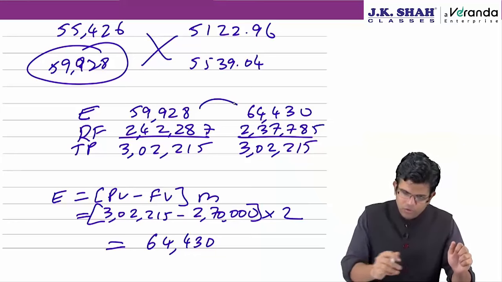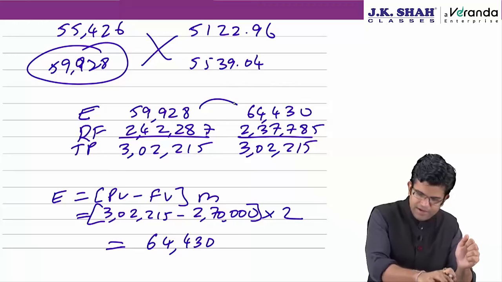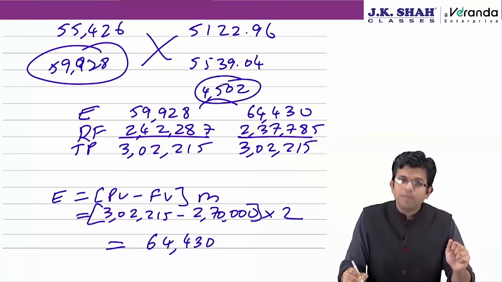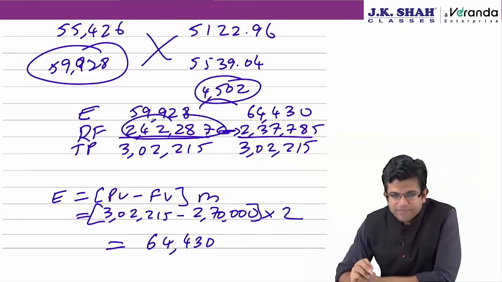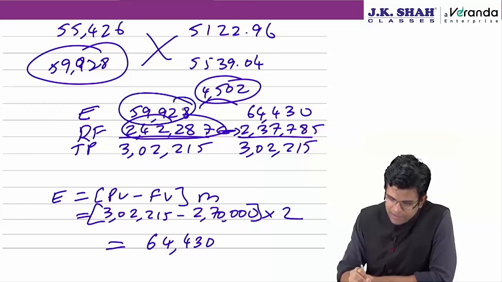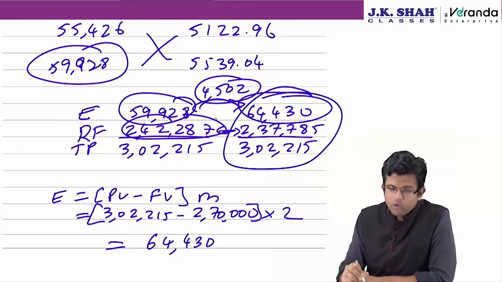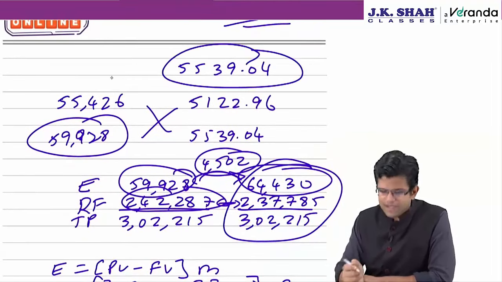Which means what did you do, students? 64,430 minus 59,928 is 4,502. This is the amount you will sell from your existing risk-free assets, and invest in the equity portfolio to increase it to 64,430. This is how you will rebalance if the Nifty touches 5539.04.